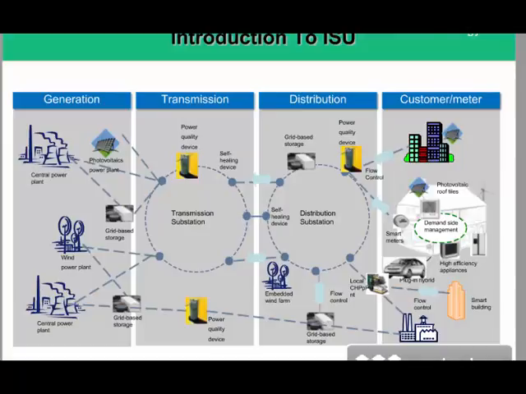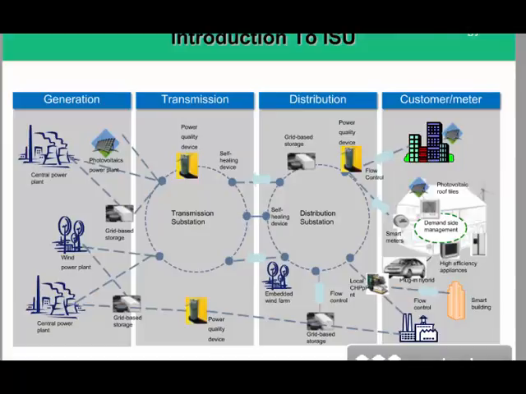Then there is the plug-in hybrid electric car concept which is coming into the picture, and basically you can charge it from anywhere, and then that charge should be levied to your bill irrespective of where you are located.